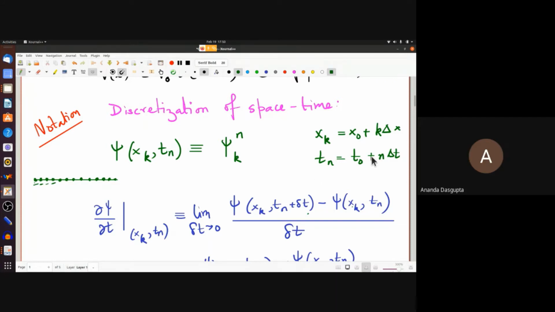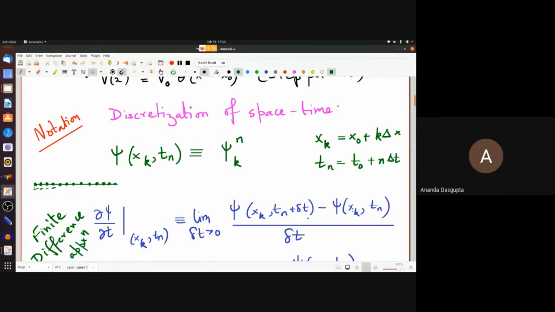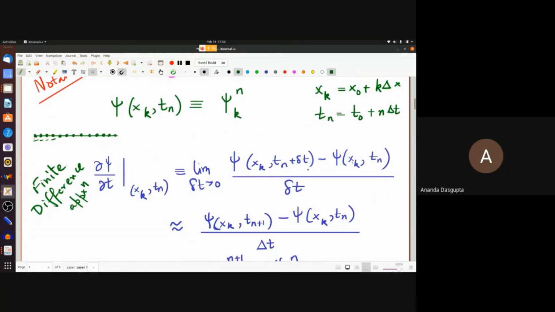But on the lattice, we are only dealing with discrete space-time points. So what we are going to use is what is called the finite difference approximation. Again, something which all of you are definitely well aware of: you go from Tn to an arbitrarily close point in time, delta t.